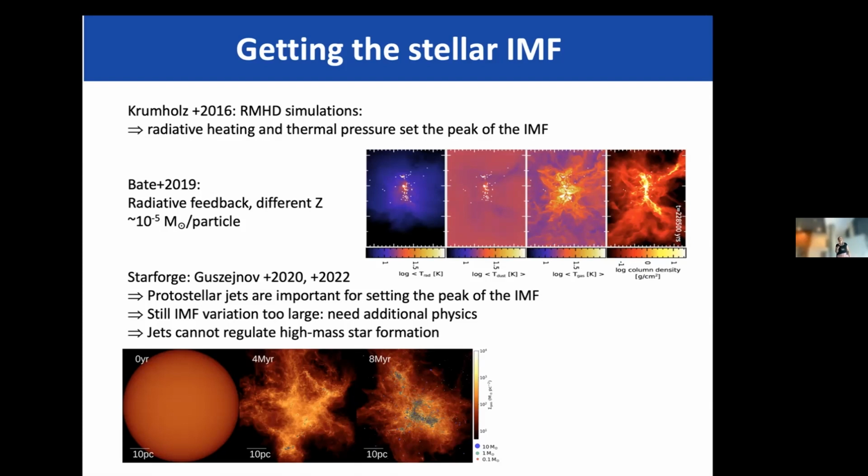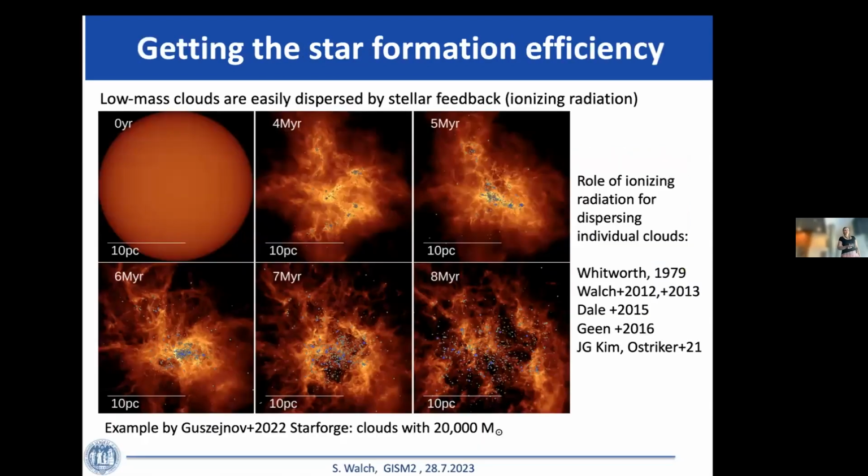And so they say that probably additional physics is needed. And I suppose that this will be the radiative heating, which has been found by Krumholz to be quite effective in this regard. All right. So this is just showing the simulation again as a time evolution.